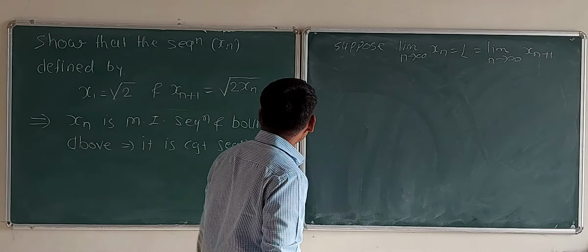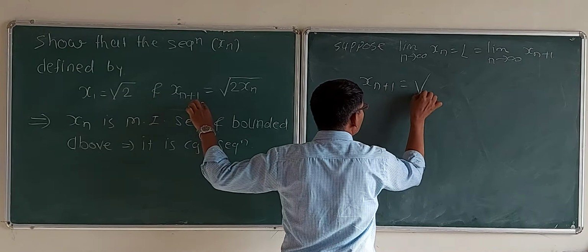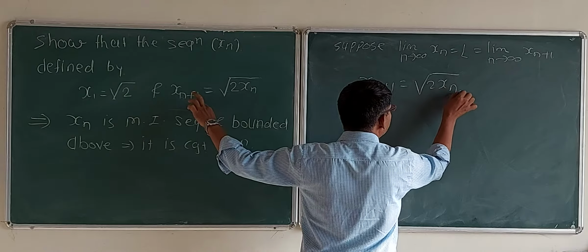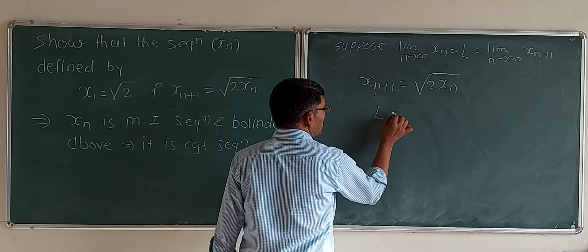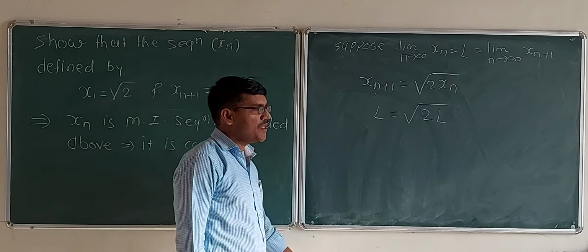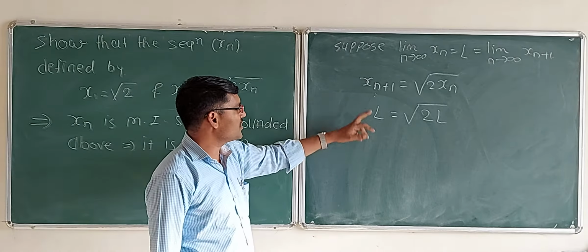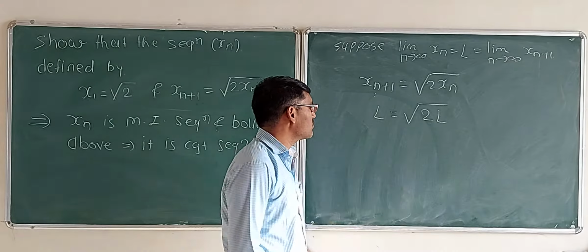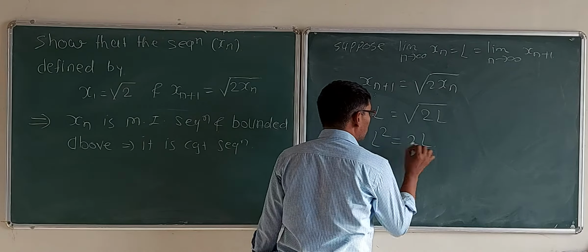We know that xn plus 1 is equal to under root of 2xn. So if you take the limit as n tends to infinity on both sides, what happens? The value of this term is L and the value of this term is under root of twice L. If you square on both sides, you will get L square is equal to twice L.